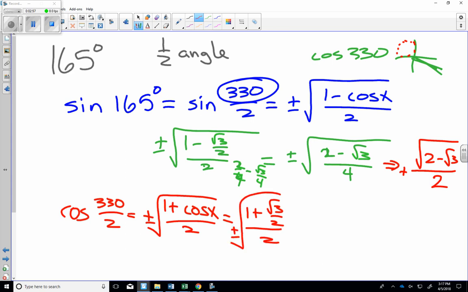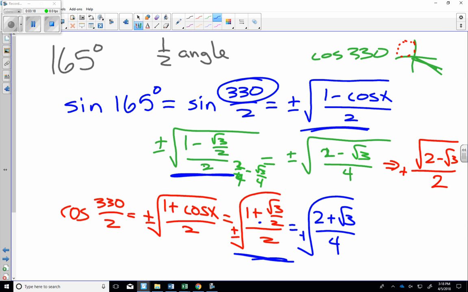The difference with this one is a 1 plus, same problem as right here, except now this is a plus sign instead of a minus sign. So therefore it's going to be plus and minus the square root of 2 plus the square root of 3 over 4. And then you can take the square root of the denominator again and get square root of 2 plus the square root of 3, over 2. And because 165 degrees is in this quadrant, cosine is negative.